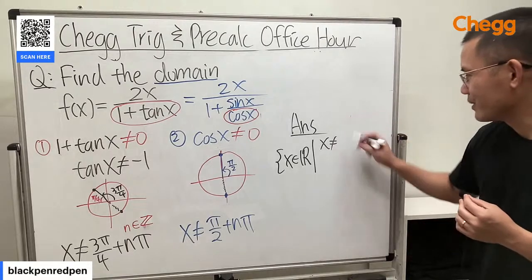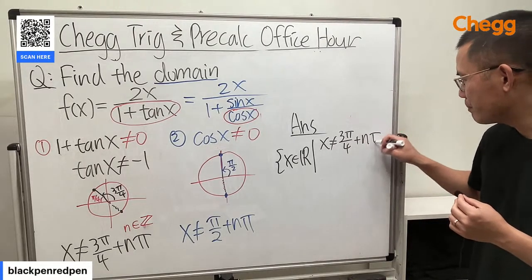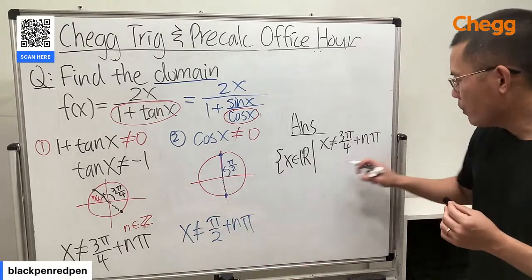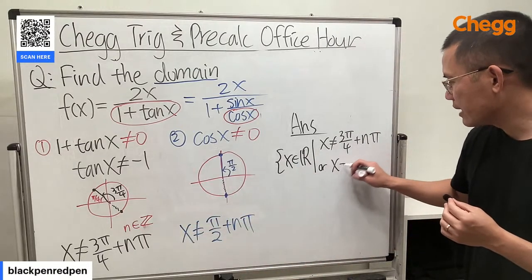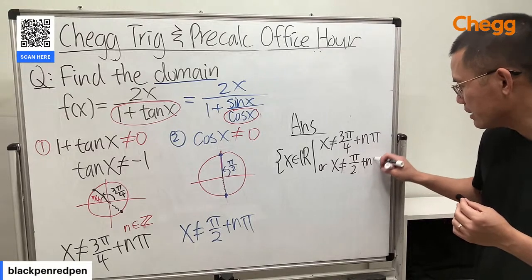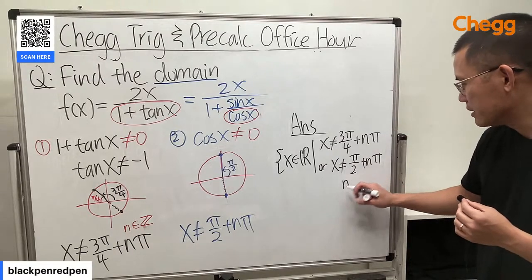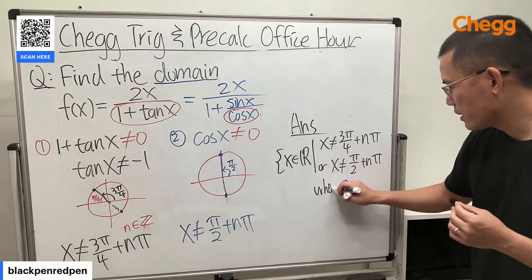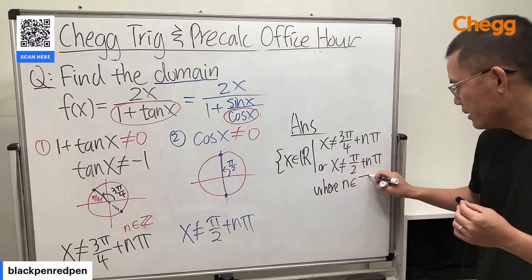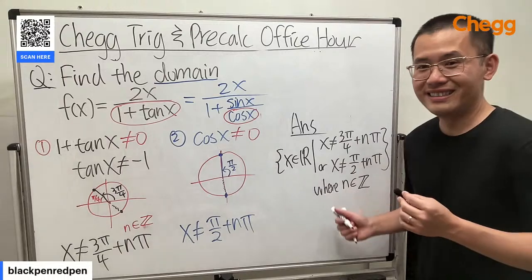Let me write it down better for you guys. 3 pi over 4 plus n pi, or x cannot be pi over 2 plus n pi. And then I will also have to indicate where n is an integer, like so.